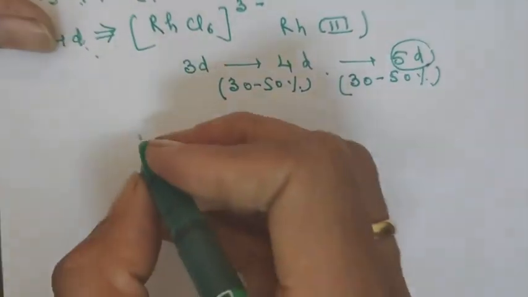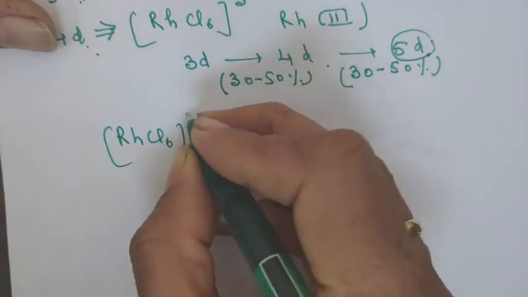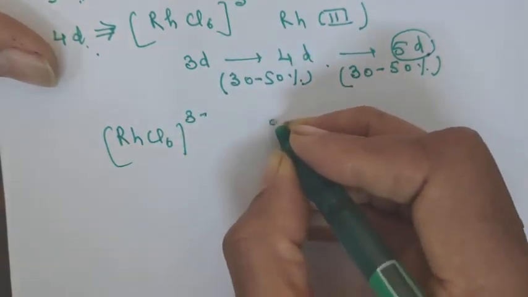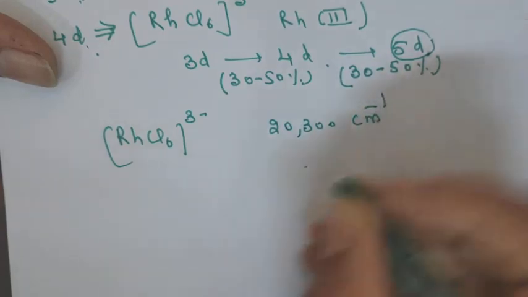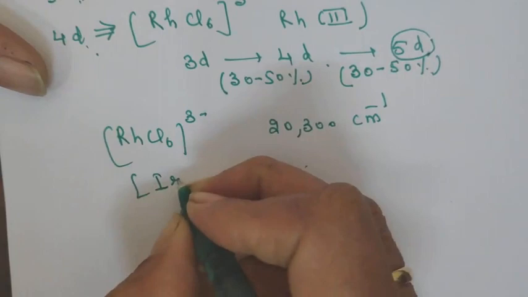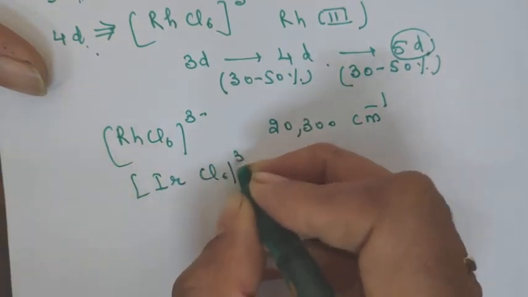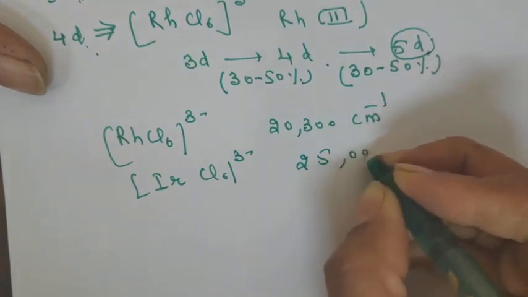If I tell you the value, RhCl6 3 negative has a crystal field splitting of 20,300 centimeter inverse. Then if you have, in place of rhodium, an iridium complex IrCl6 3 negative, the value of crystal field splitting is increased to 25,000.